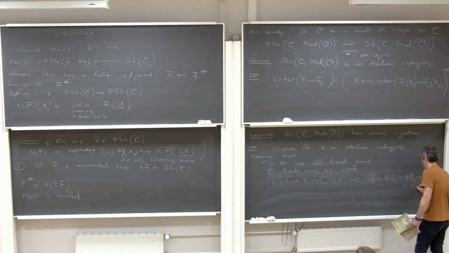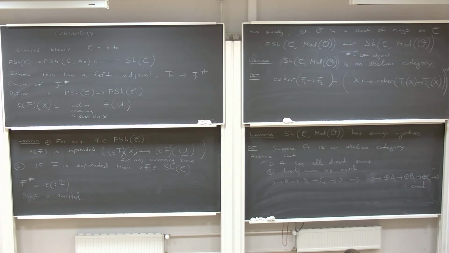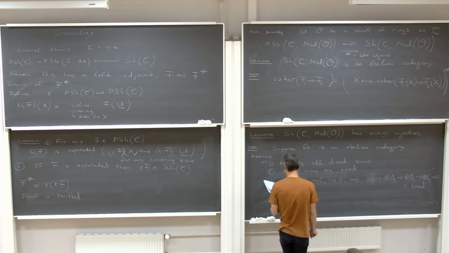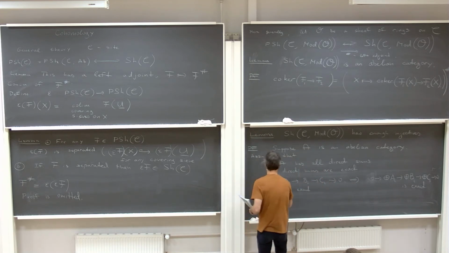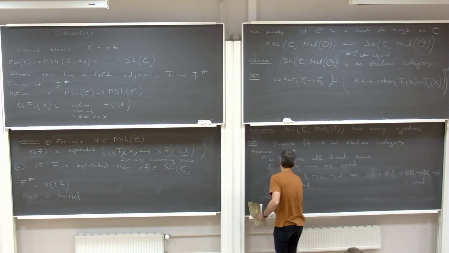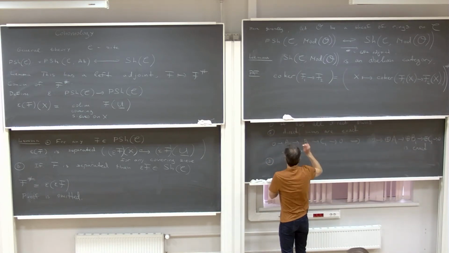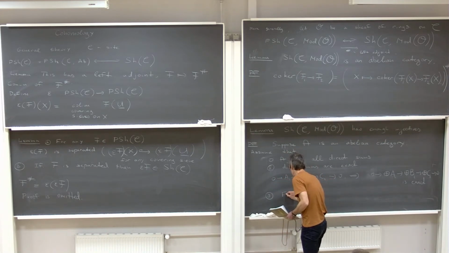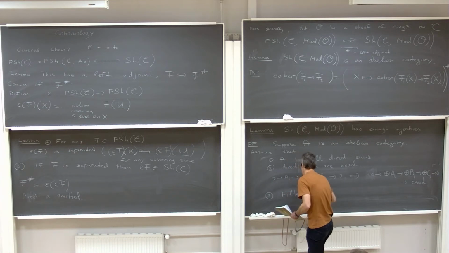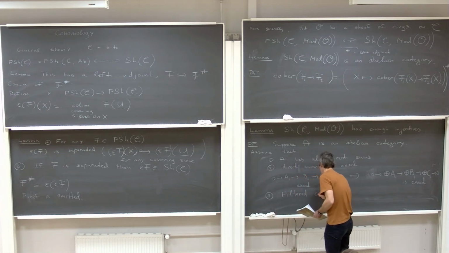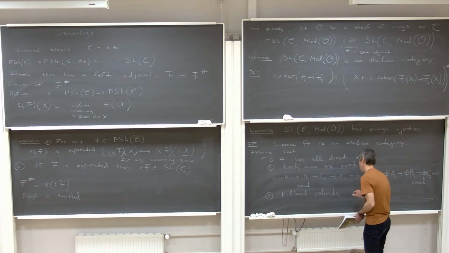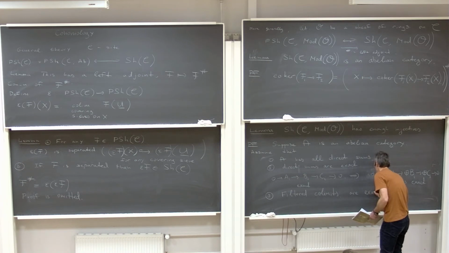And the third condition is that filtered colimits, for example, directed colimits, are exact. What's the difference between filtered colimit and directed colimit?